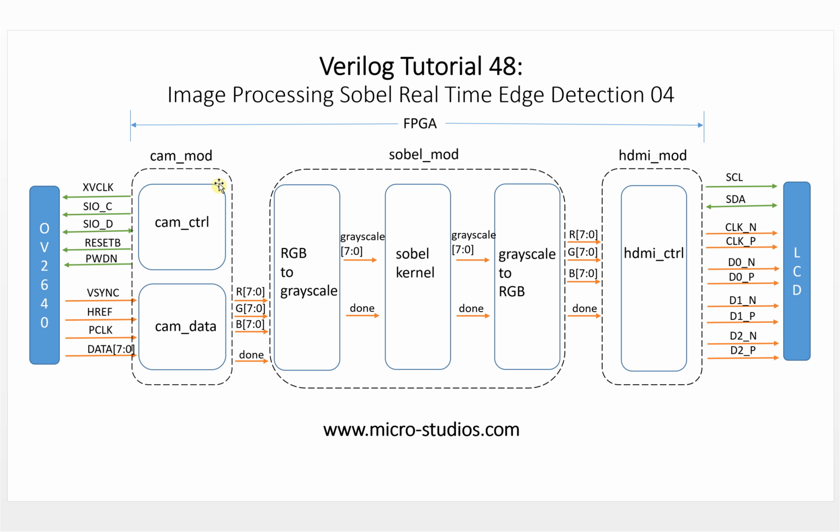Once we have the whole picture, we will be able to code the module interfaces for the whole system easily. In the next video, we will show you how to code every interface from scratch.